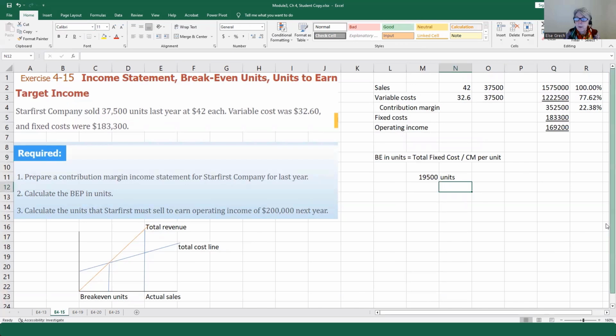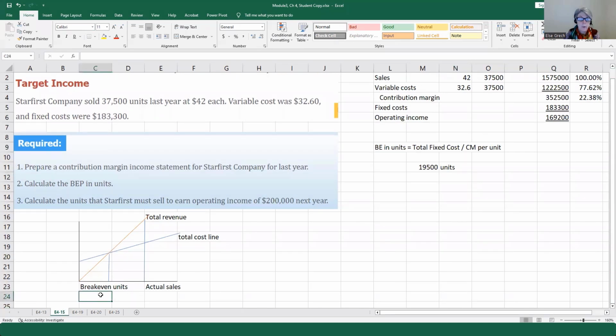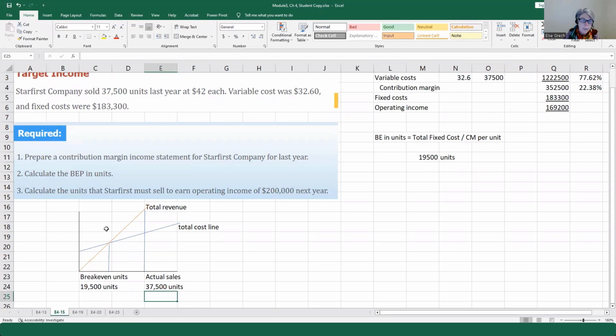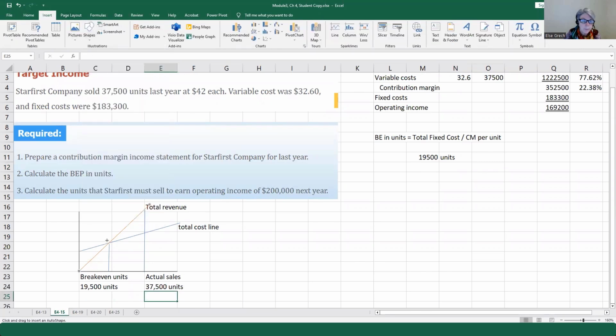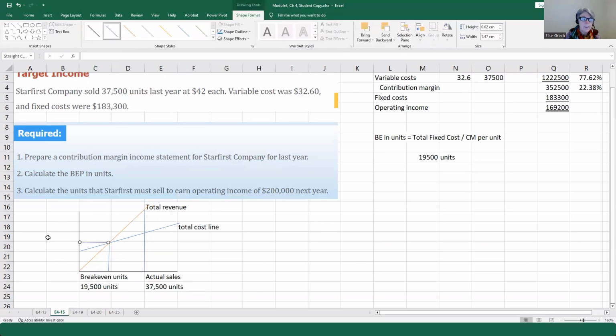So if we go over here on our chart right here, this is going to be 19,500 units. Over here, our actual sales are 37,500 units. This is our operating income. I'm just going to insert right here. Because this over here, of course, on this axis, this is dollars.